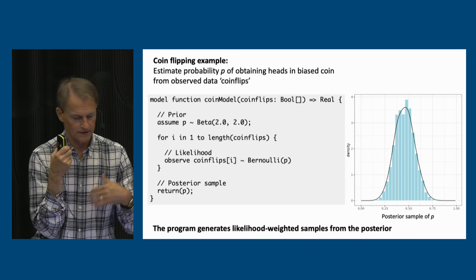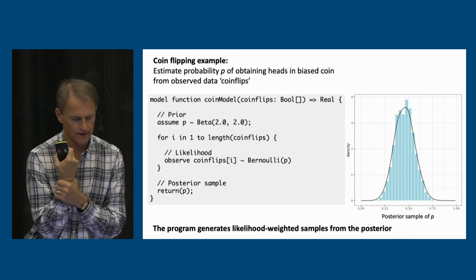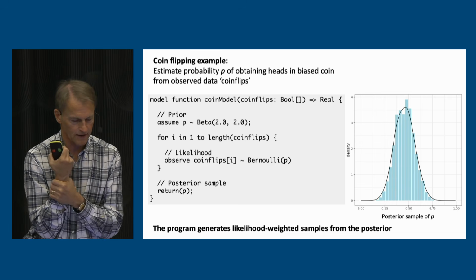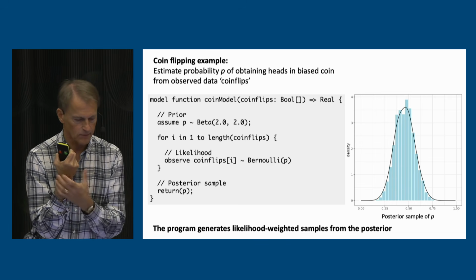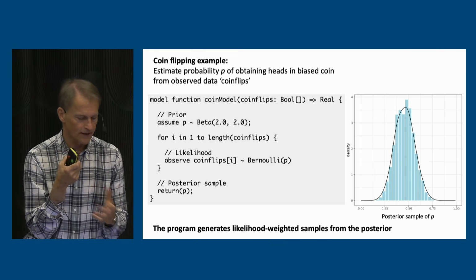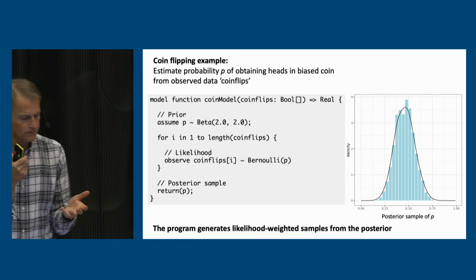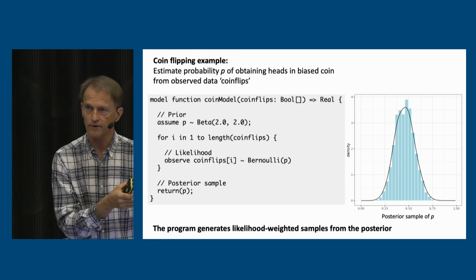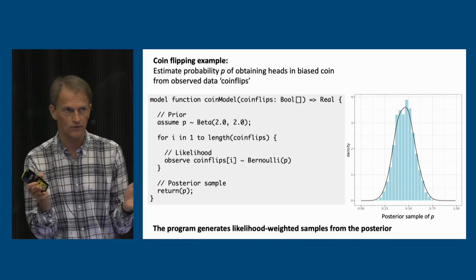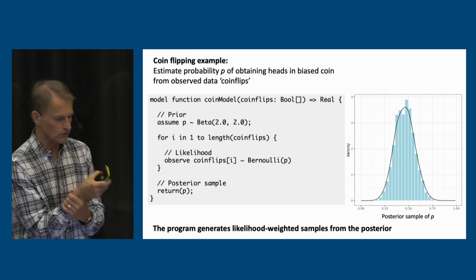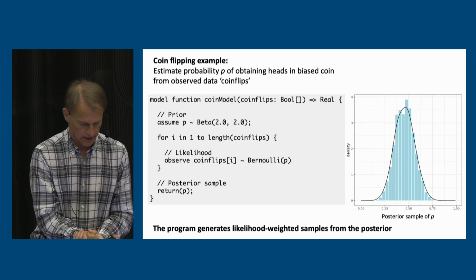Then we have a loop describing how the observations are drawn from the appropriate distribution. And then at the end of this program, we return the parameter or the parameters that we're interested in doing inference on. So the user really defines what we want to get out of this program.